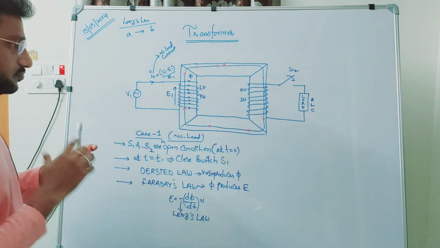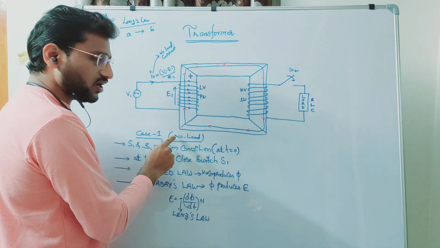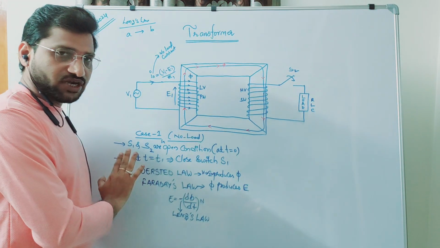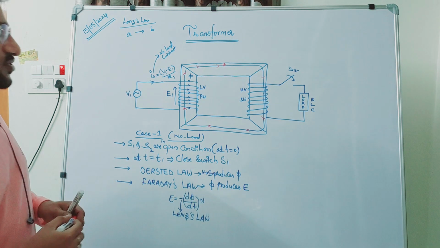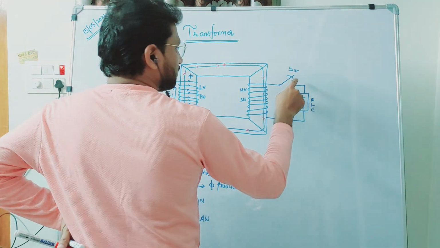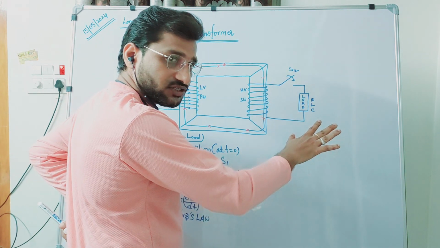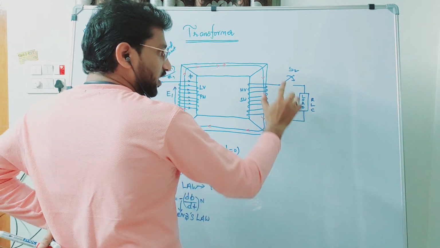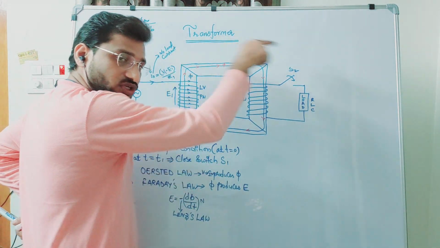Since we are in case 1 condition, what is case 1 here? Actually, the no load condition, wherein S1 is closed, whereas S2 is still open. I did not close the switch S2. So that means this secondary winding or high voltage winding is still in open condition. That means it doesn't carry any current. If this is closed, then only it starts taking the current from the transformer to the load.